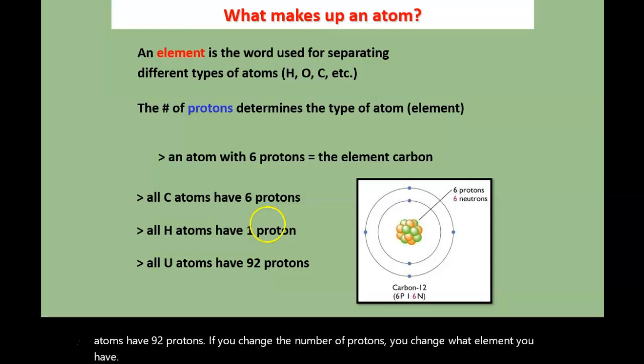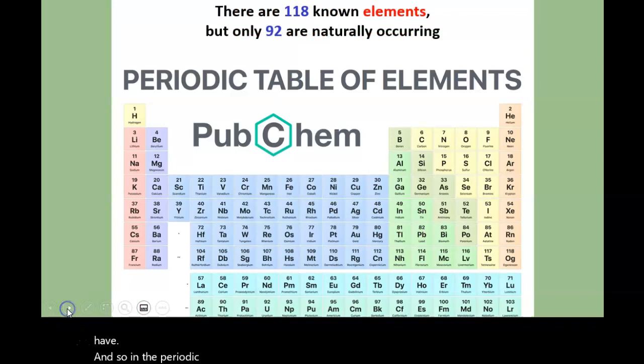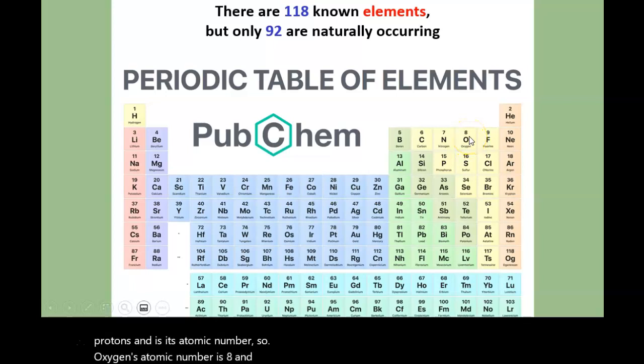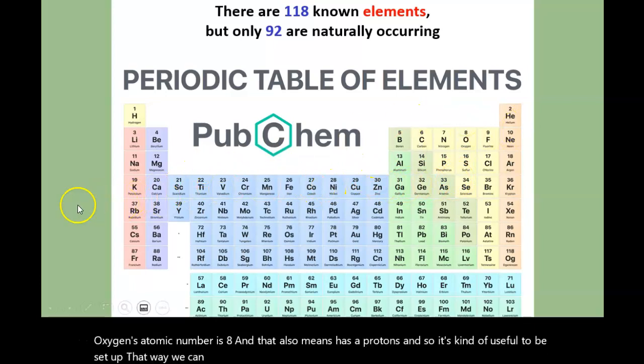And so in a periodic table, we can see that the number here is referring to the number of protons, and it's its atomic number. So oxygen's atomic number is 8, and that also means it has 8 protons. It's useful to be set up that way. We can identify the number of protons.